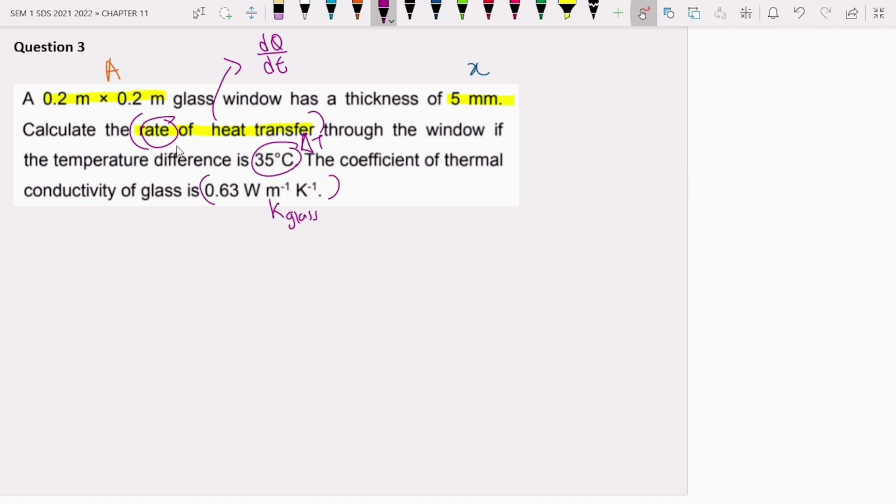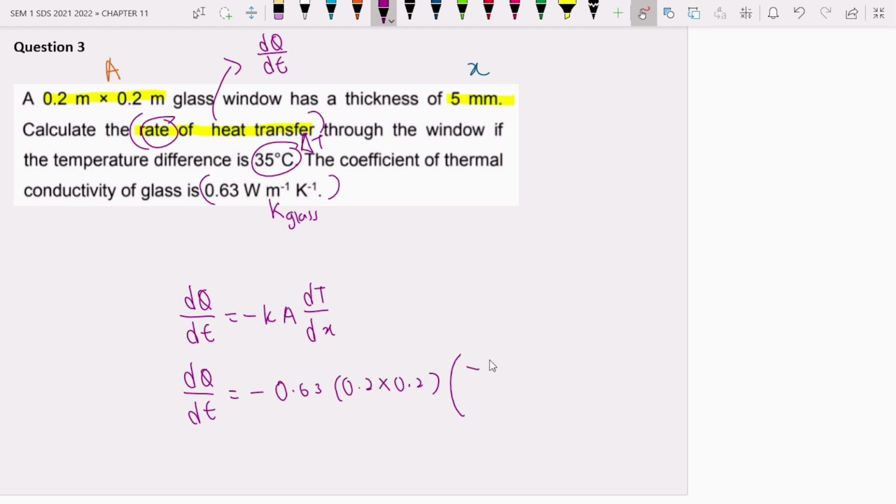So we know the formula for rate of heat transfer is dQ over dt equals negative k times the temperature gradient. We are looking for the rate of heat transfer, and we know the thermal conductivity of glass is 0.63, and the area is 0.2 times 0.2, and the temperature difference is 35 degrees Celsius, and the thickness is 5 mm.